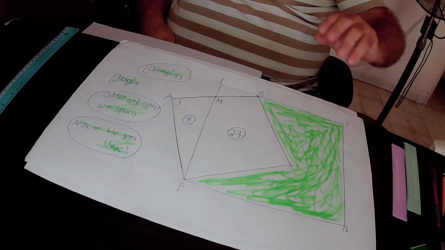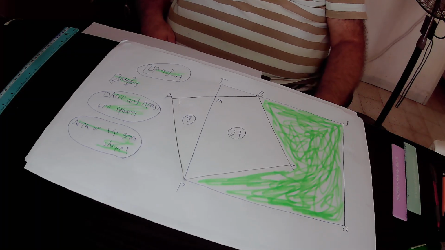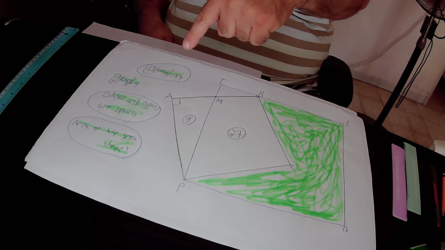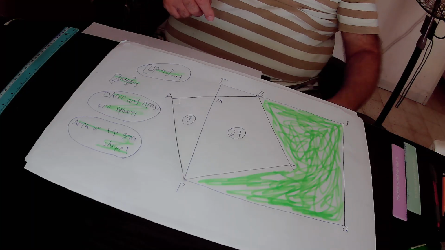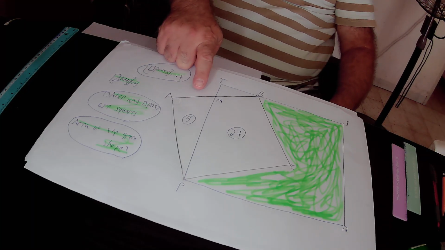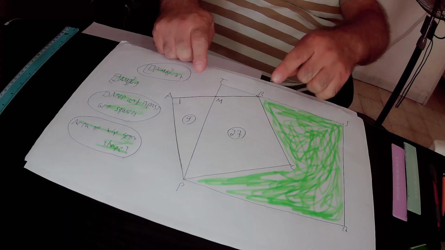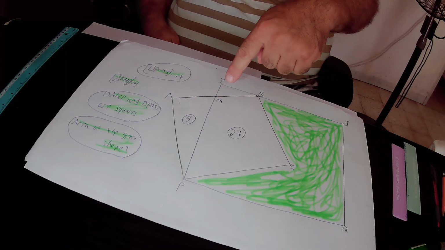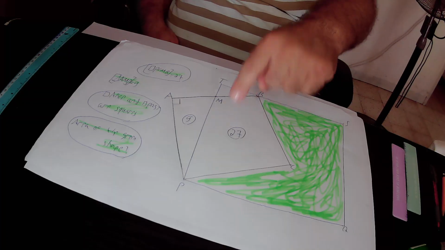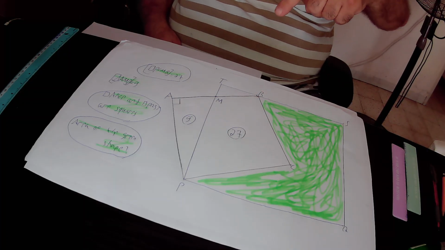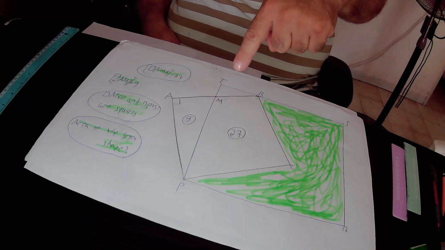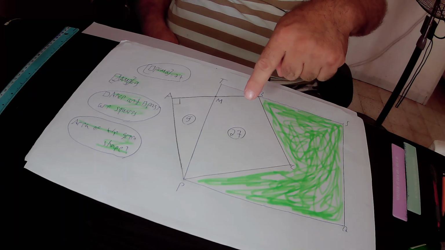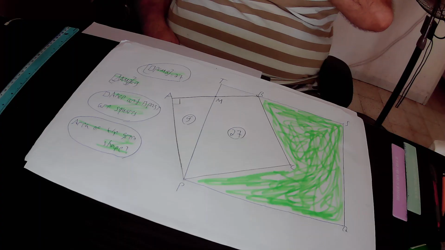So, first of all, we know that the area of this small square ABCP is equal to the area of the right triangle AMP, that is 9, plus the area of this quadrilateral MBCP, that is 27. So in total, the area of this small square ABCP will be equal to 9 plus 27, that is 36 square units in its size.